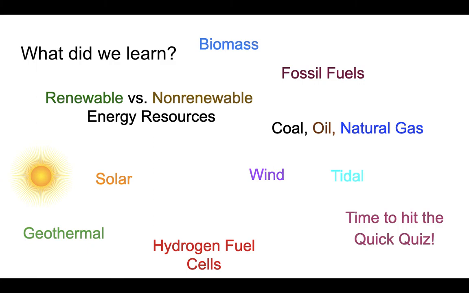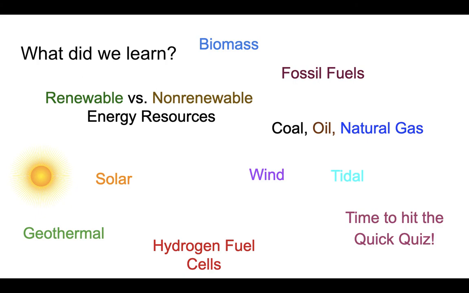And we also learned about a number of different types of energy resources. And you, of course, have been working on a project on those. We were introduced to some terms called renewable and non-renewable: resources that could be turned over and replenished in a short amount of time versus those that take a long time to replenish. Those are fossil fuels, coal, oil, and natural gas.